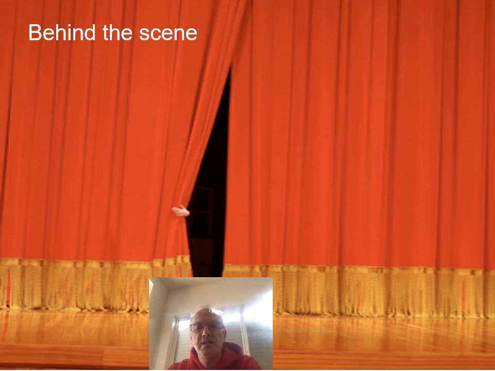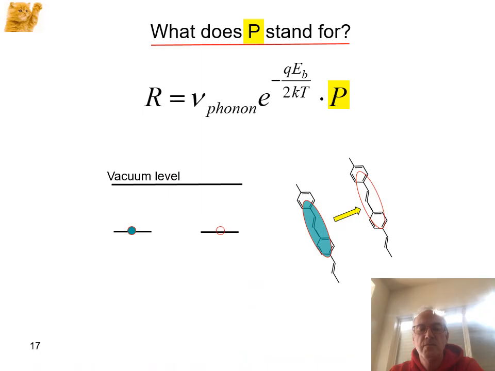So for the behind the scenes, we'll add a few things that we generally don't talk about during the lectures, but they might still be interesting to know. One of the things we discussed but didn't really pay much attention to is this P, which I mentioned. It's an overlap integral.